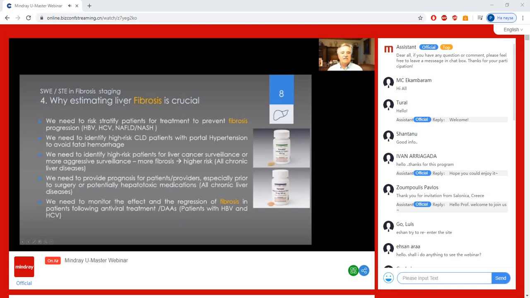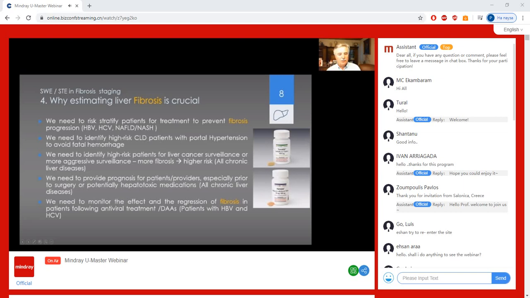Why is estimating liver fibrosis crucial? Because we need to risk stratify patients for treatment, because we want to prevent fibrosis progression. We need to identify high-risk CLD patients.